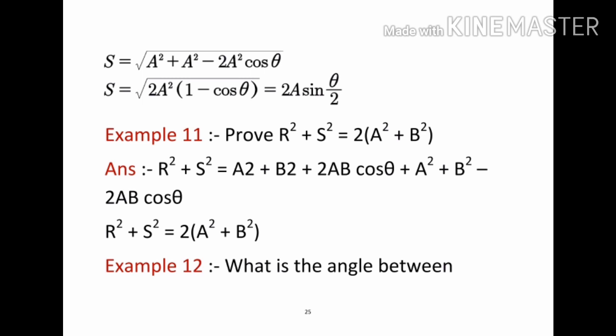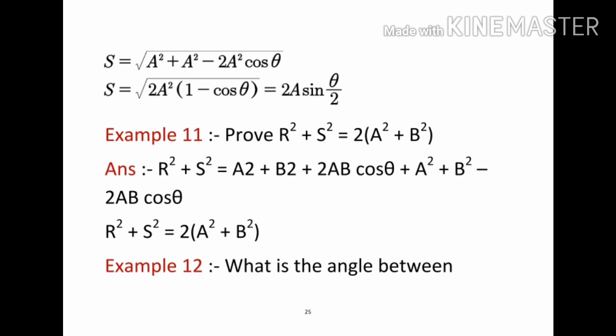And from trigonometry, we know that 1 minus cos theta is equal to 2 sin square theta by 2. Therefore, for the subtraction of two equal vectors, the general formula is S is equal to 2A sin theta by 2.